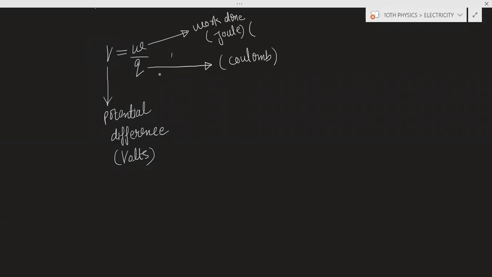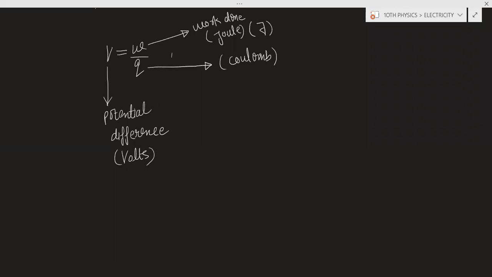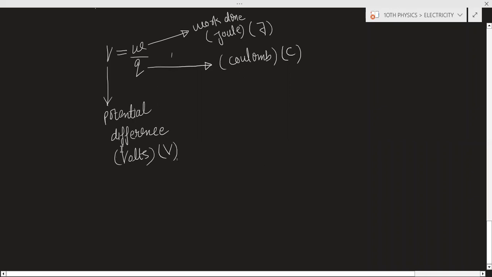Joule is represented with capital J, coulomb with capital C, and volt with capital V, though sometimes we also write volts. So potential difference is equal to work done divided by the charge.